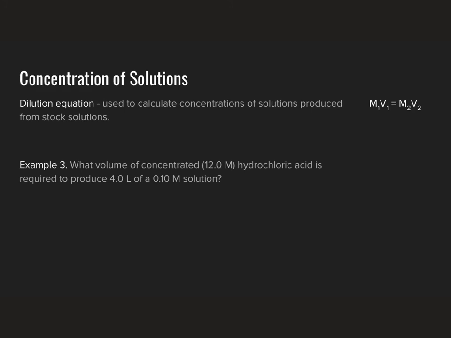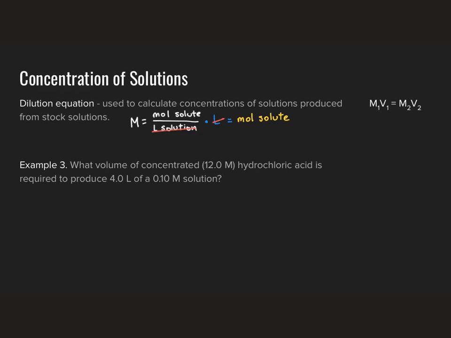So our dilution equation is given to you here on the right side of our page, which is familiar from last year. That is M1V1 equals M2V2. And I want to recognize what that dilution equation is really telling me. Because by definition, molarity is moles of solute per liter of solution, if I multiply molarity by volume in liters, I'm essentially going to end up with units of moles of solute.